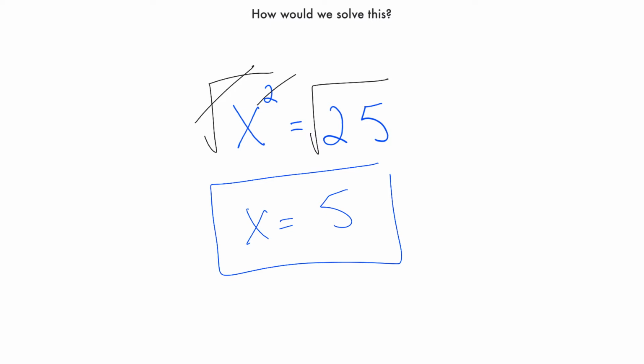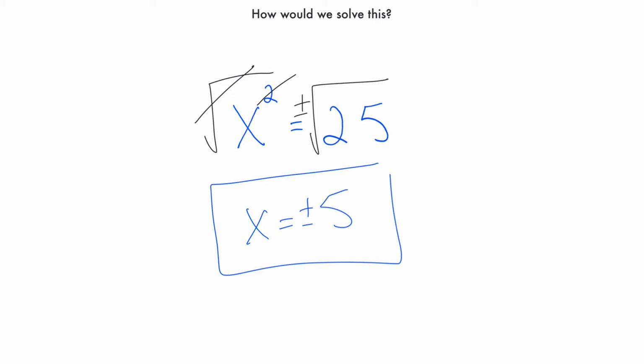However, in order to get rid of an even power, you must recognize that there are 2 numbers that multiply to give me 25. 5 is one of them, but so is negative 5. So what we have to do is whenever we eliminate an even power with a radical, you must put a plus or minus out in front of it, because that plus or minus represents that there's going to be a positive and a negative version of this answer.